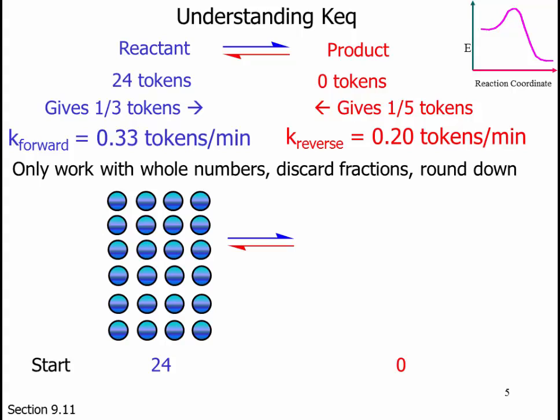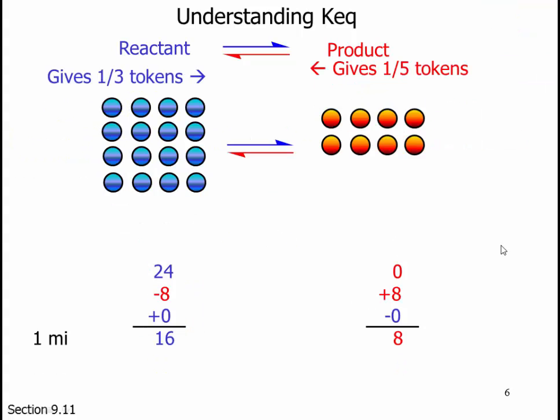All right, 1/3 of the tokens are going to go forward. So hopefully you know that 1/3 of 24 is 8. 1/5 of the tokens are going to go in reverse. 1/5 of nothing is still nothing. So here's our new arrangement. 8 tokens went forward, no tokens came in reverse, so now our new ratio of reactants to products is 16 to 8. This is 1 minute into the reaction.